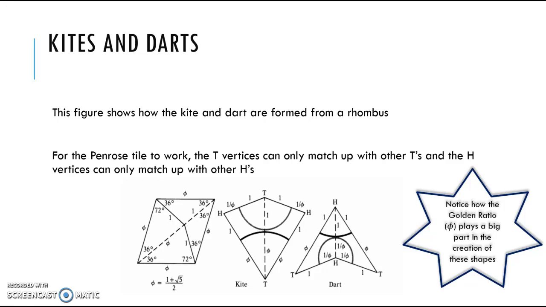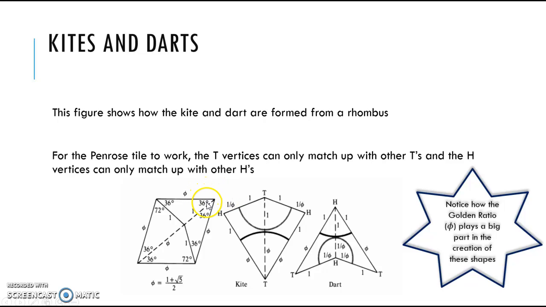What's really interesting here is to notice the role of the golden ratio, and notice the role that plays in the creation of these figures. And if you want to, you can use the decimal form of phi to just kind of give you a general idea when you sketch it out. It is just a sketch, but it's really neat to see how that plays a role in the creation of these figures.